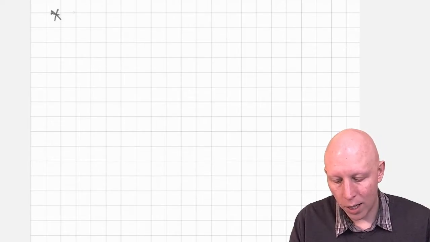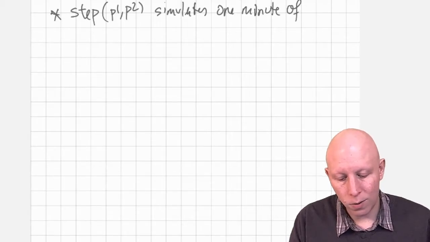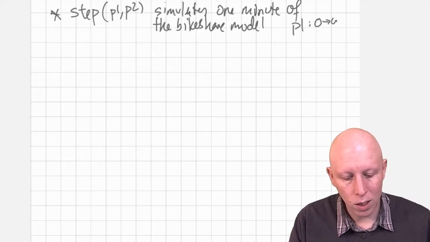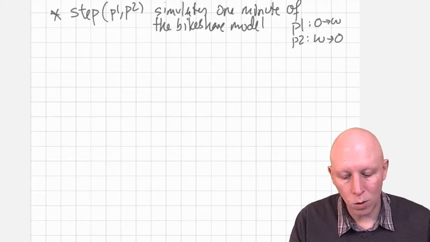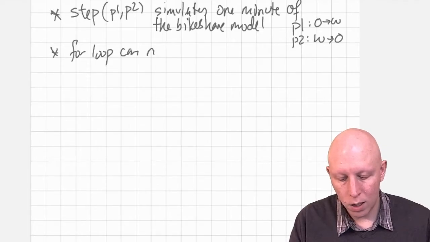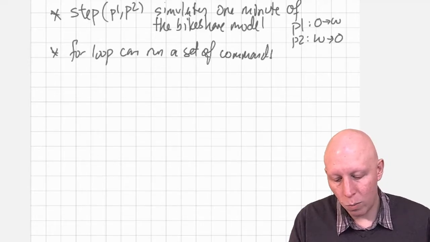First, that step of P1, P2 simulates 1 minute of the simulation of the bike share model, where P1 is the probability that a bike goes from Olin to Wellesley, P2 is the probability a bike goes from Wellesley to Olin, and we need to bring in that a for loop can run a set of commands multiple times.